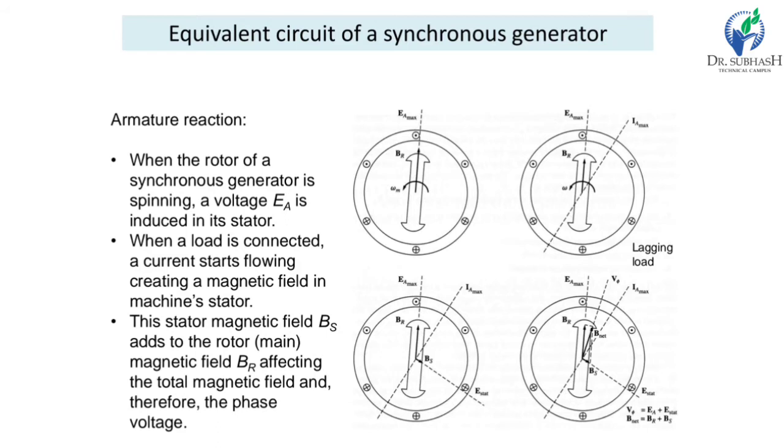The voltage E start is produced in the stator by the stator magnetic field Bs. The total voltage in the phase is the sum of the internal voltage EA and the armature reaction voltage E start. We can write that V suffix phi is equal to EA plus E start.